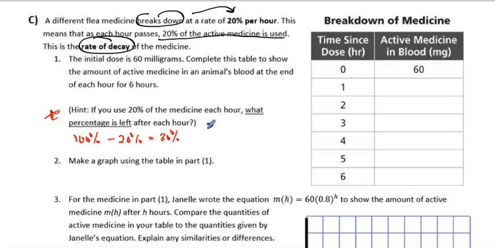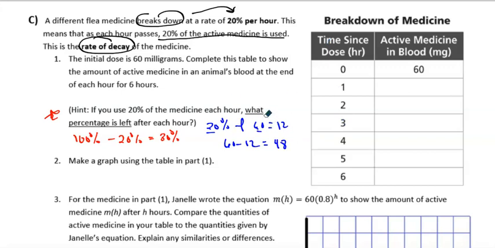You can find 20% of 60 first. 2 times 6 is 12, so 20% of 60 is 12, and then you can do 60 minus 12, and you get your next number, which is 48.